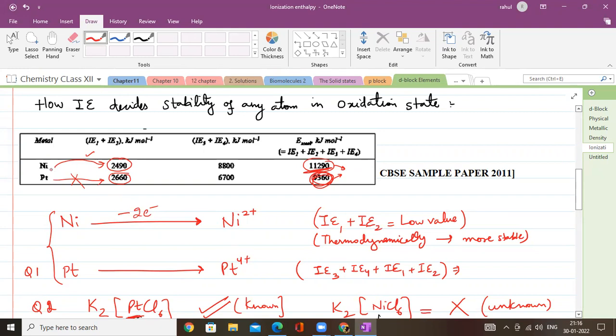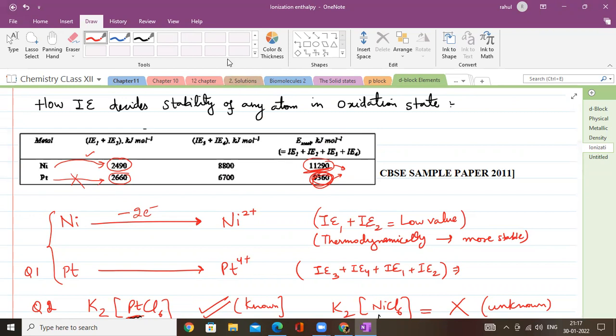If you see, nickel's value is 2490 and platinum's is 2660, so the conversion of nickel to nickel 2 positive is quite easier in comparison to platinum, because platinum has a higher ionization energy than nickel. But the point right now is, if we compare the sum of 4 ionization energies, platinum has a very low value.